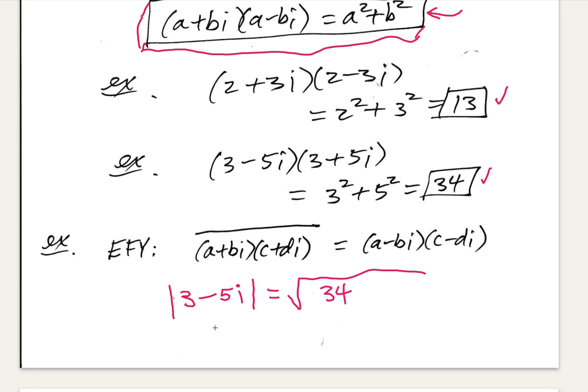By the way, if I did the absolute value of 3 plus 0i, this would be the square root of 3 plus 0i times 3 minus 0i.